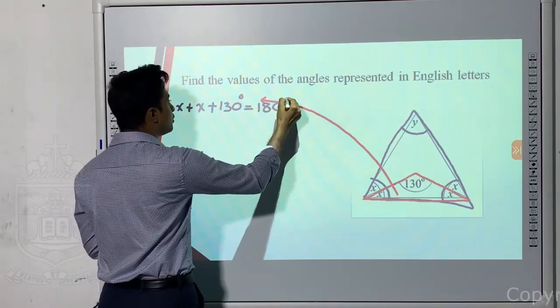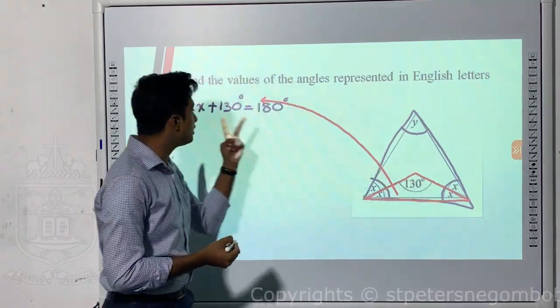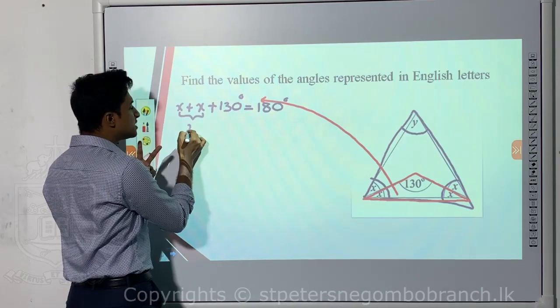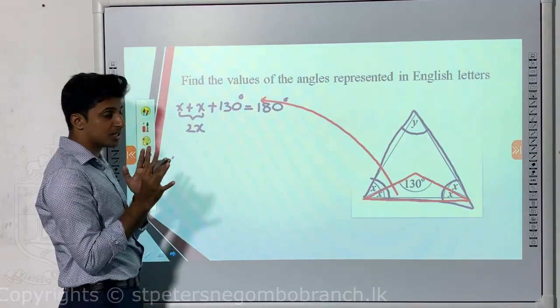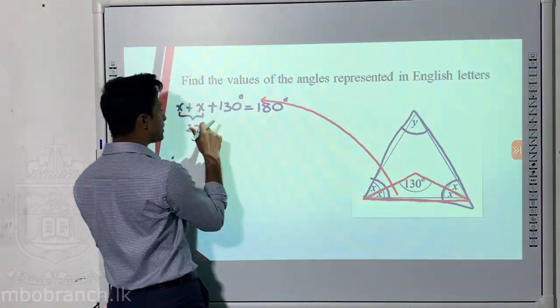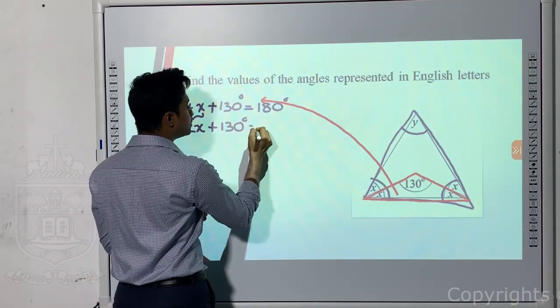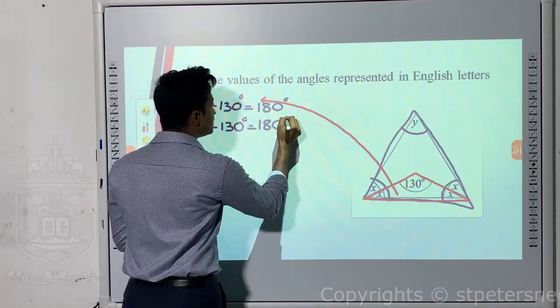Now children, you remember, without writing x plus x, you can straight away write 2x. I just wrote x plus x for you to understand. So just write 2x plus 130 is equal to 180 degrees.